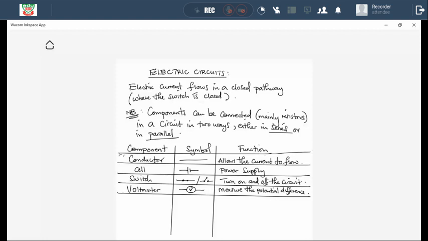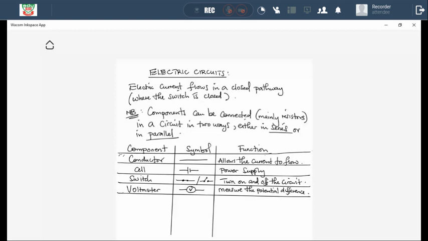So when you connect it in series, it is going to limit the flow of current because current and resistance are inversely proportional. So a voltmeter has very high resistance, so it cannot be connected in series. It has to be connected in parallel, or across a particular component. We are going to look at that in detail also.